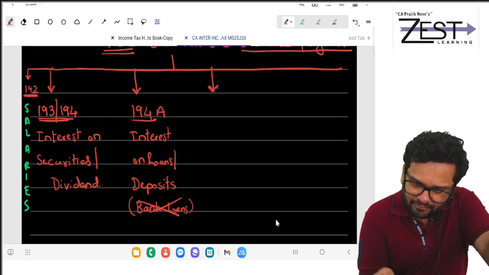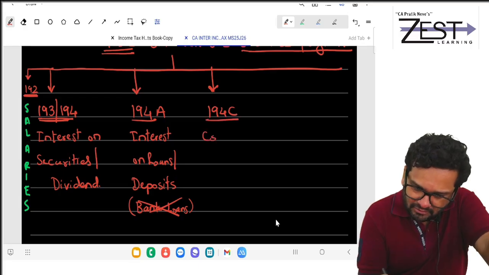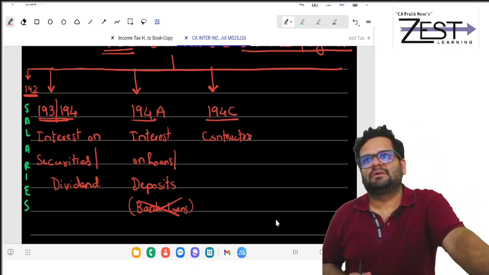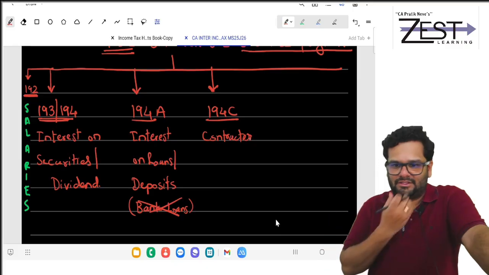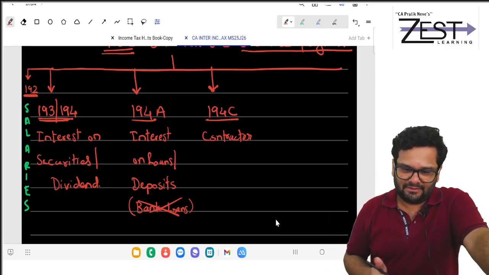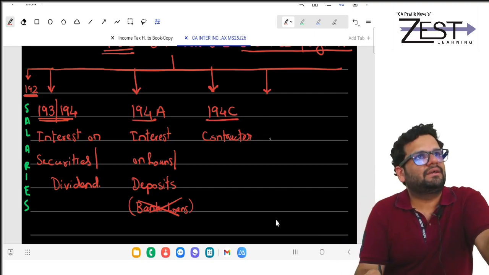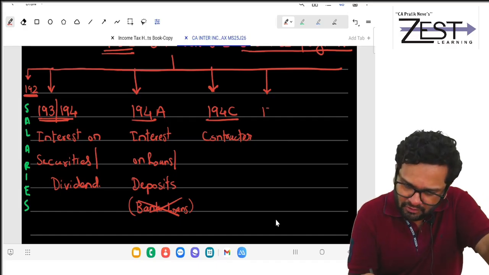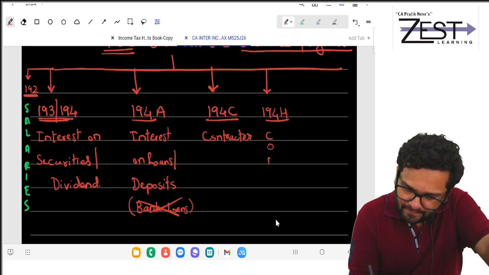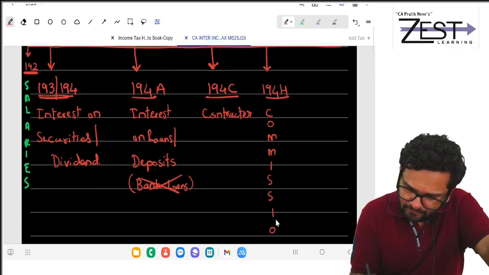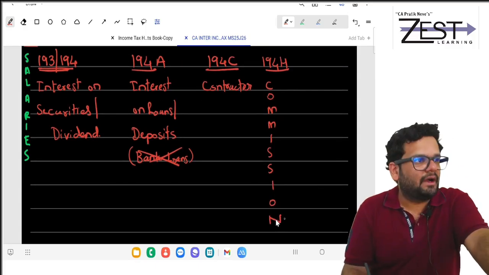Then 194C. C for contractor. Yes. Then next, friends, A, B, C, D, E, F, G, H. H is commission.